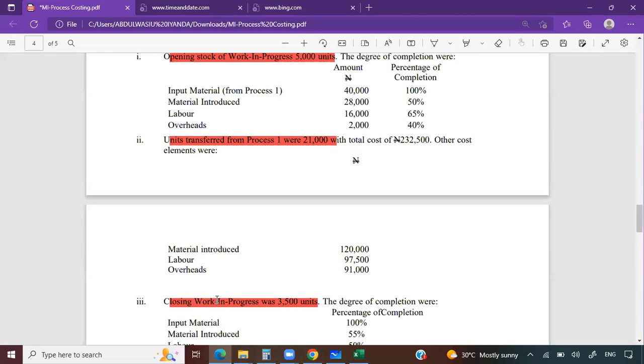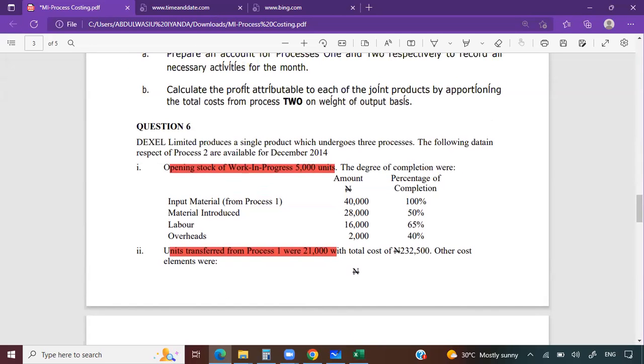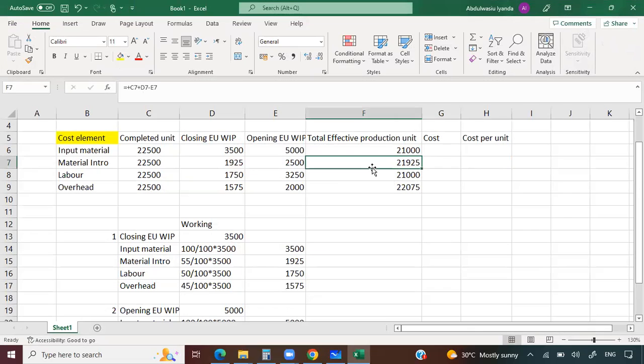They say closing work in progress was 3,500. Opening stock of work in progress is 5,000. So they are both in units. Everything they're giving us here, the unit is already given. What we are being asked to do now is to look for the value. Someone is asking that I explain how we get it.